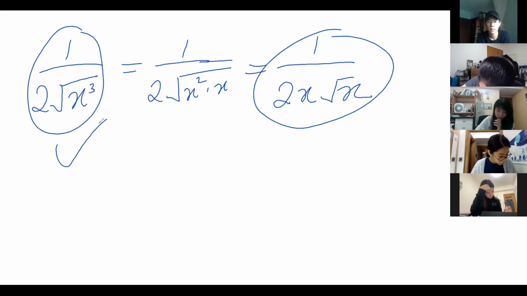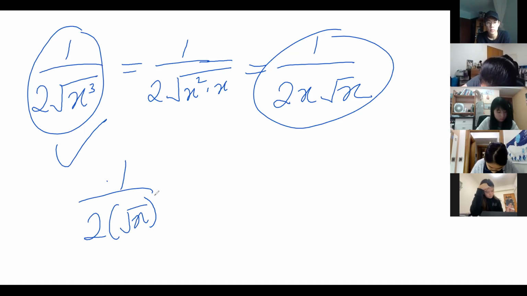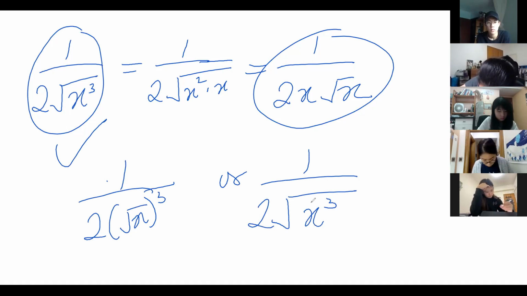You can leave it as this, but you need to tell us, what are you trying to do? Are you writing 2 brackets that, or are you saying, according to the law of indices, this means x to power 3 over 2, okay? But don't put it in the boundary. We don't know. Is it in or out? Okay? Okay. Yeah.